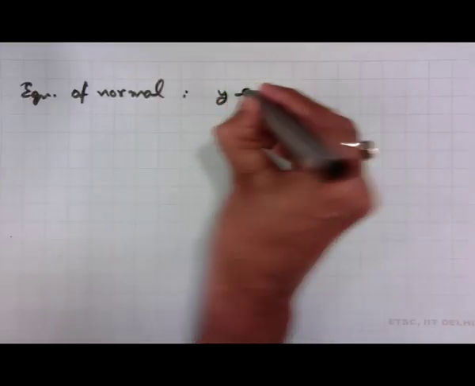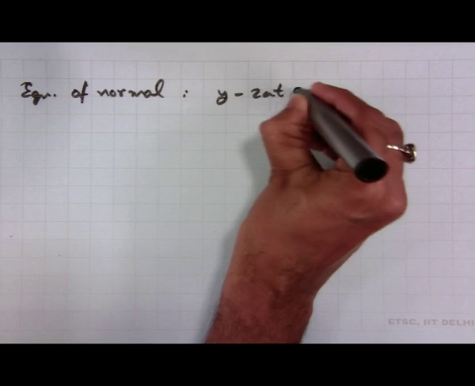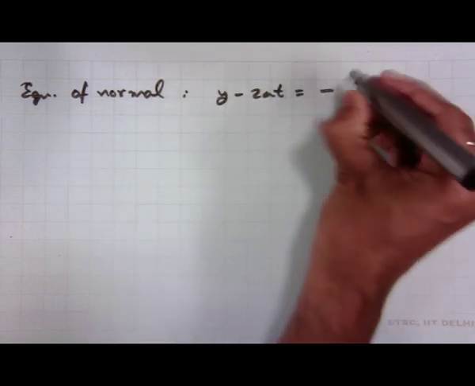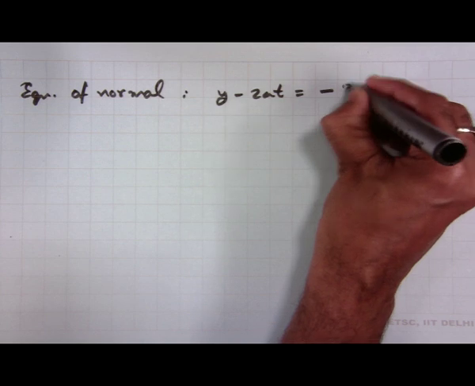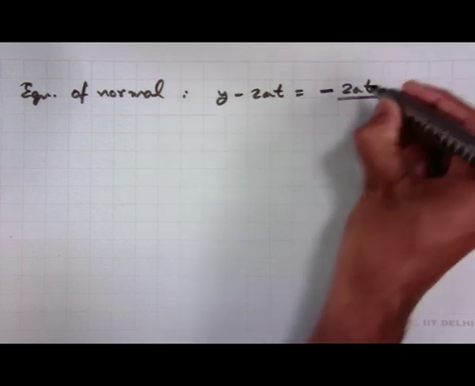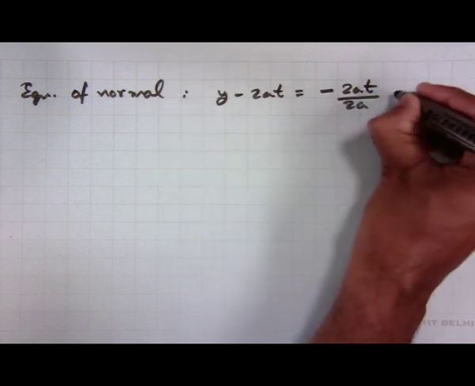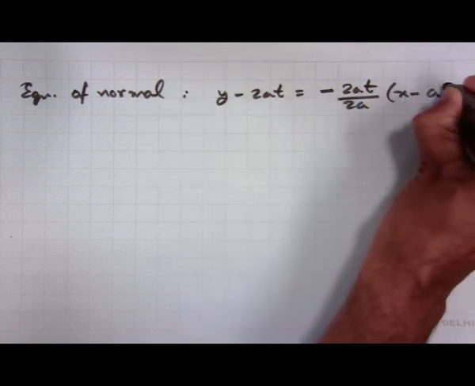Similarly, let us find the equation of the normal. We have y minus y 1, so y minus 2 a t equal to minus y 1, which is 2 a t divided by 2 a, times x minus x 1, which is a t square.